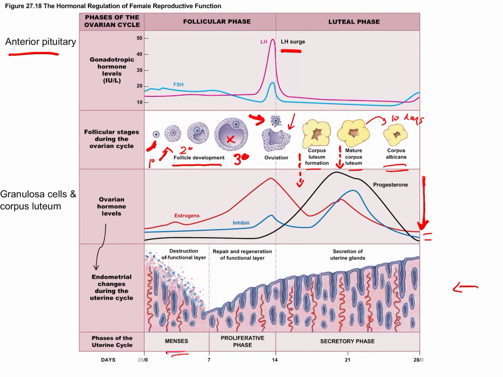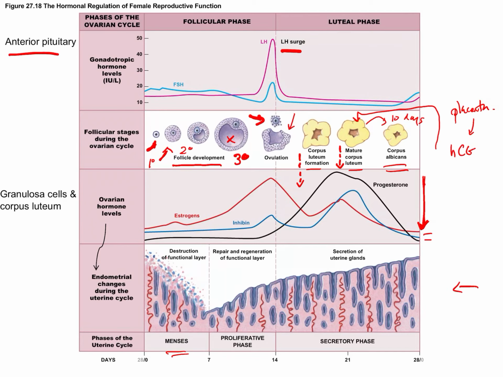However, if a woman does become pregnant, there's implantation that takes place, and then the placenta that is being formed will secrete a hormone called human chorionic gonadotropin, and that is going to act on the corpus luteum to stay intact.